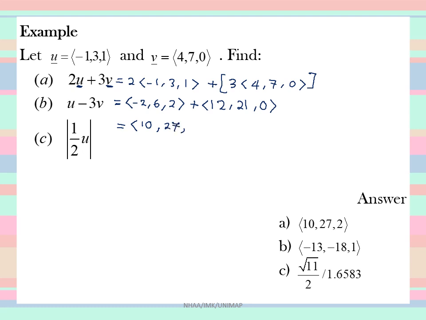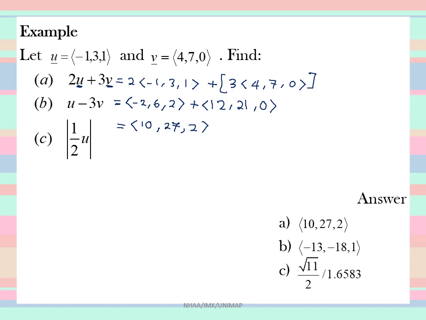And lastly, 2 plus 0, that is 2, your third component. So 2u plus 3v is equal to (10, 27, 2).